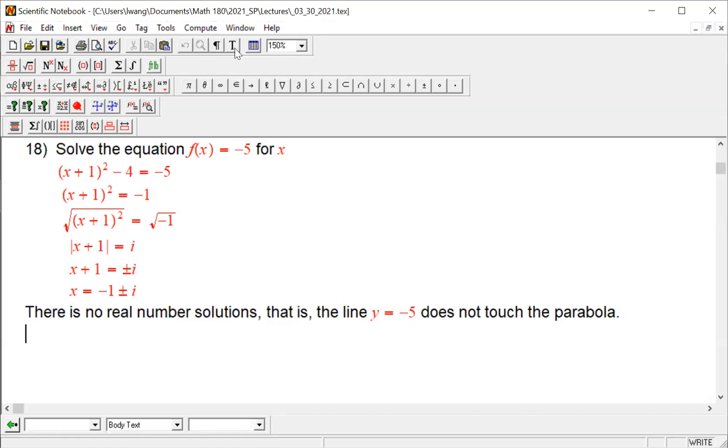And then you say, well, does this equation have a solution? Well, you can also say the equation has a pair of complex number solutions.